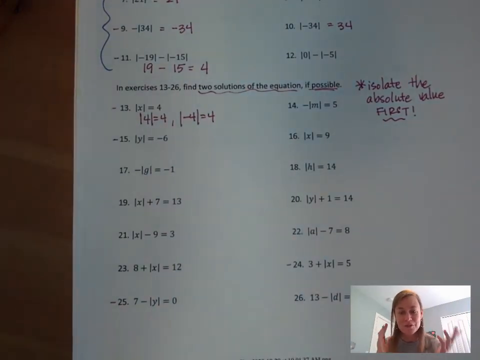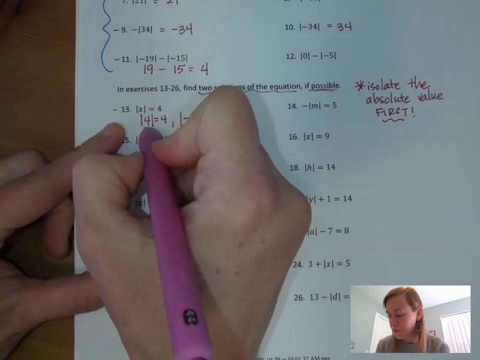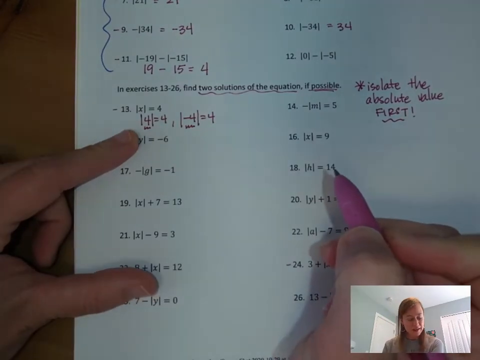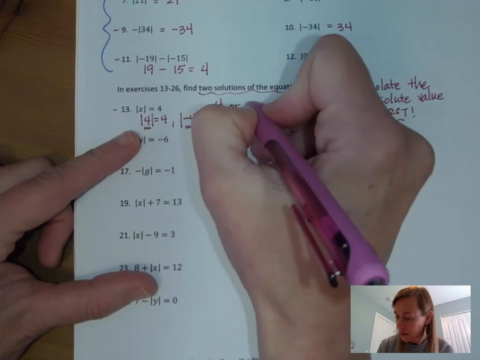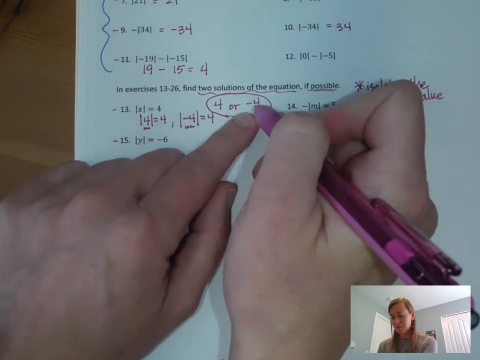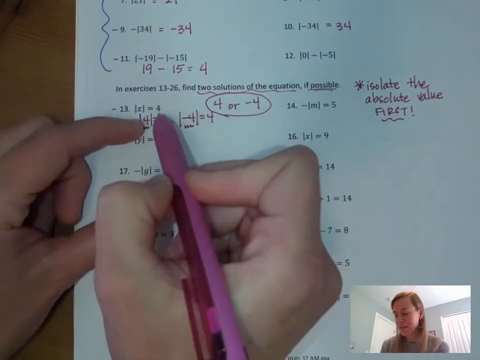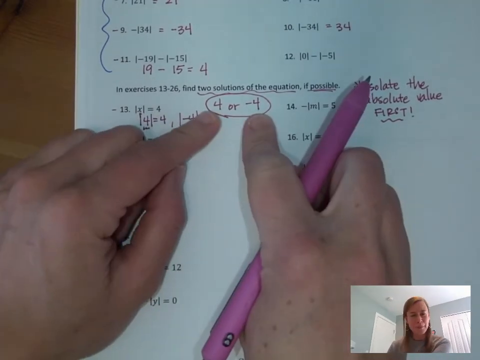So we have these two different absolute values that both equal 4. So we need to put 4 and negative 4 as our answer. And this is how I'm going to write it. I'm just going to write it 4 or negative 4. You don't want to put the absolute value signs in your answer because the absolute value is already around the x. Your answer should just represent what the x by itself is. So you're just going to put those two numbers, okay?